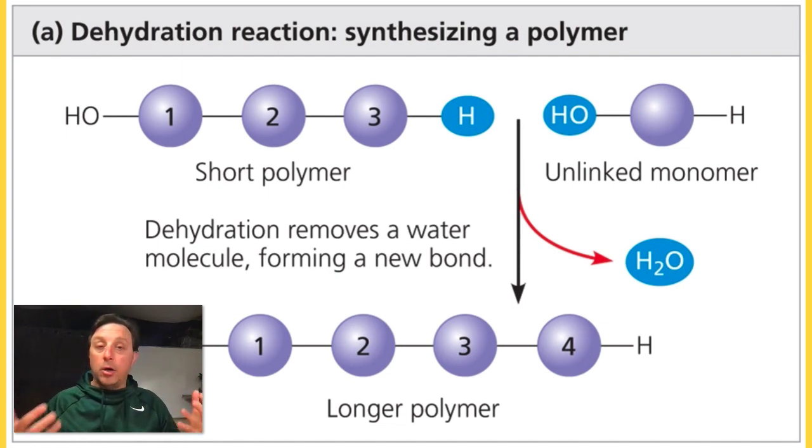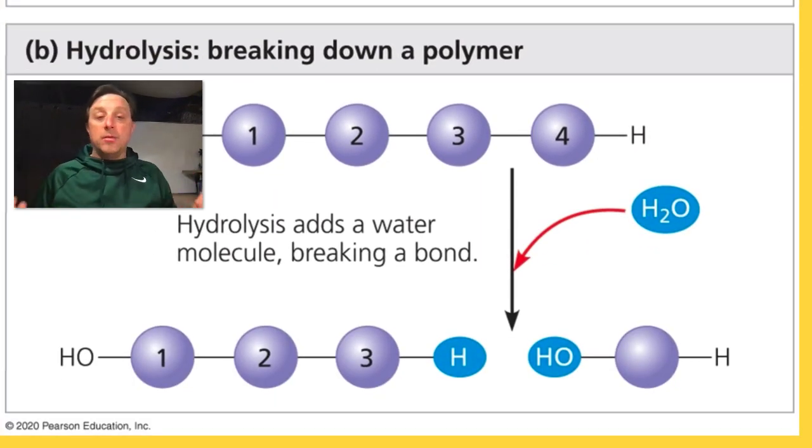One monomer longer. When the polymers are broken down into their monomers, then the exact opposite reaction takes place, where water is used to break the bond apart. And this is called a hydrolysis reaction, and hydrolysis literally means breaking with water.